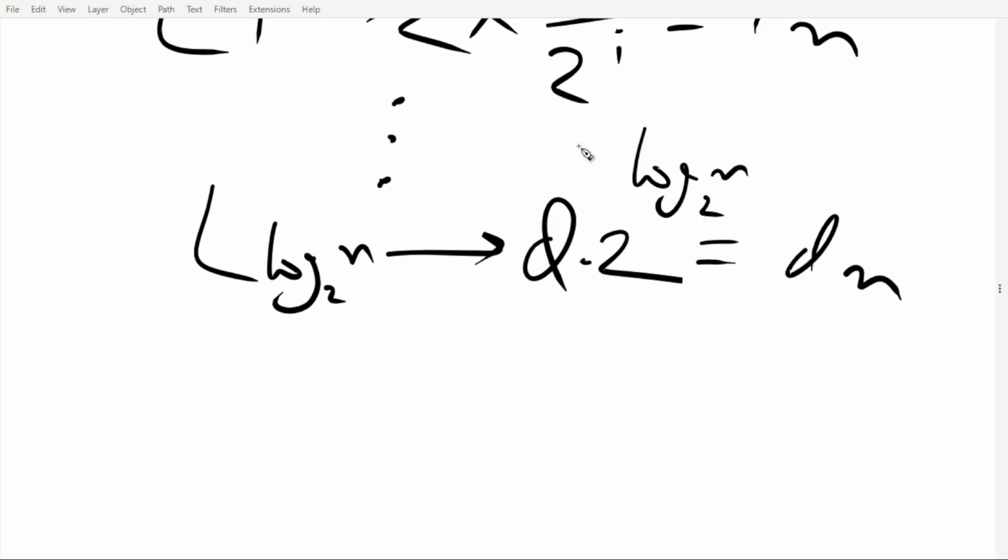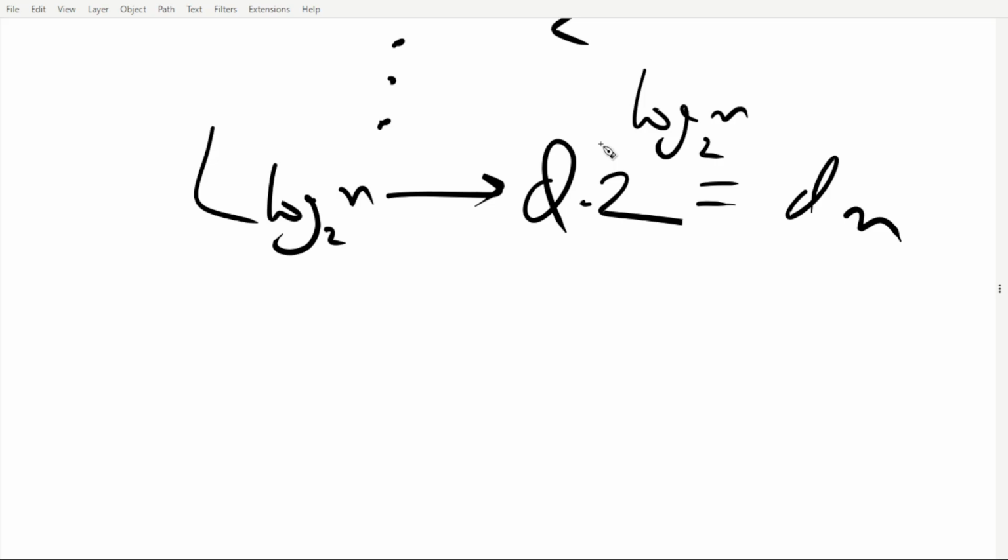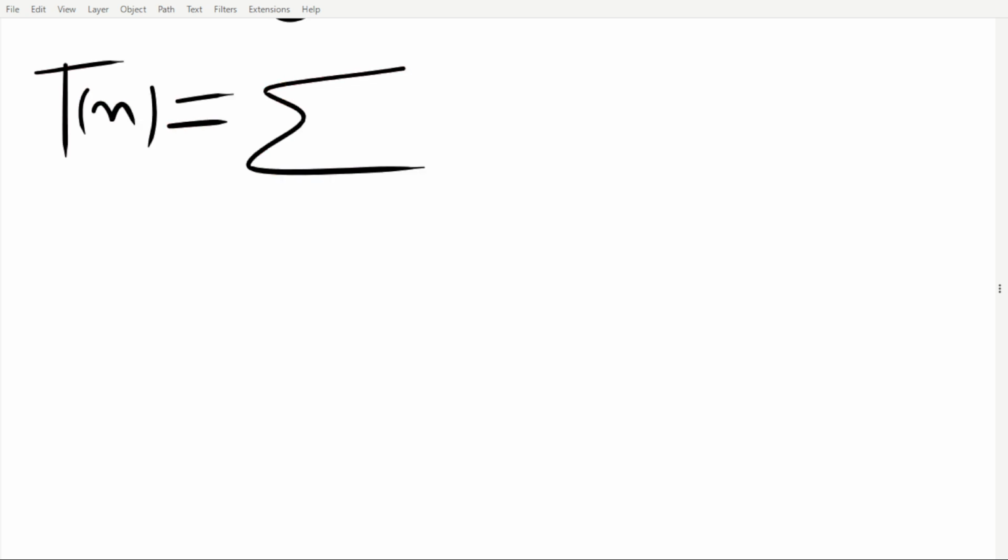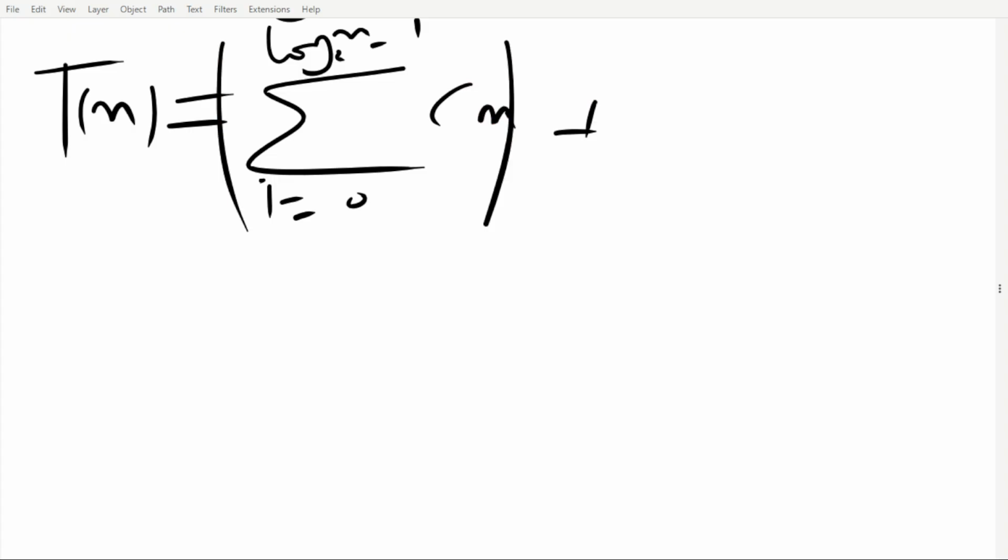Now we add everything and get the time complexity. So we write the expression as T(n) is equal to the sum of i from 0 to log of n with base 2 minus 1 of Cn, plus dn.